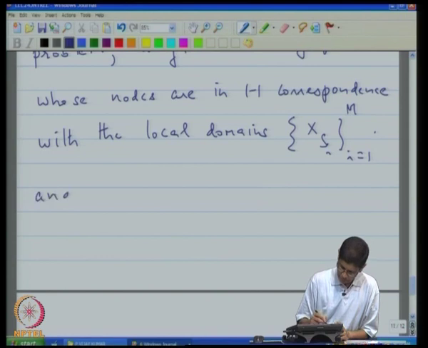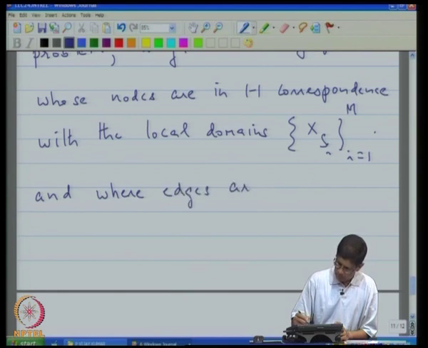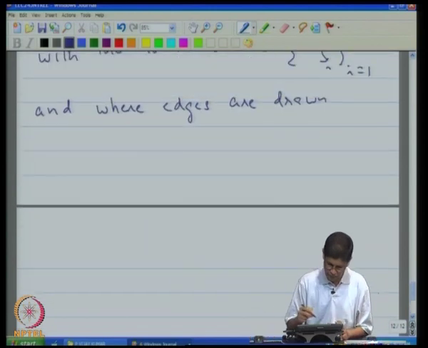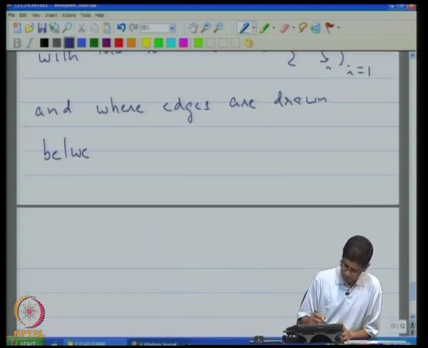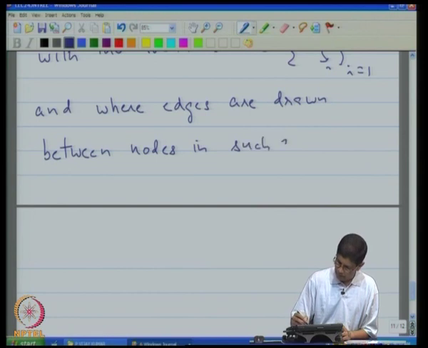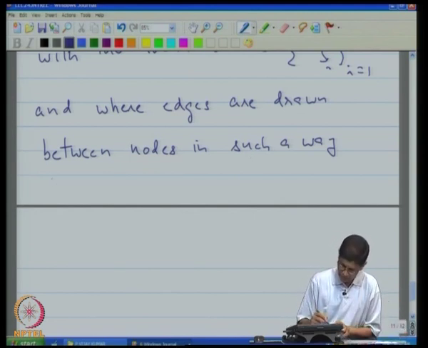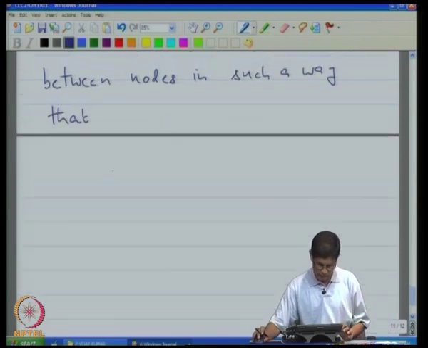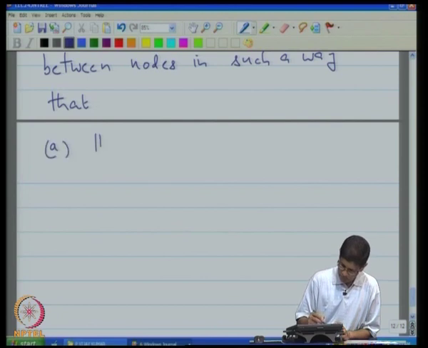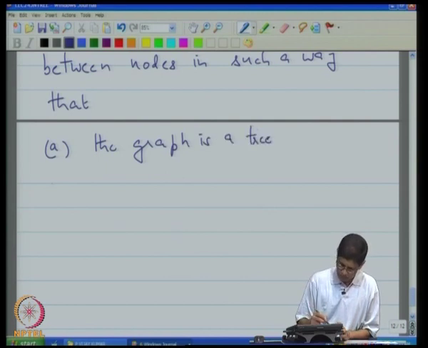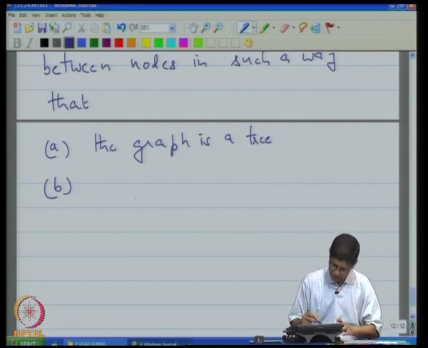And where edges are drawn between nodes in such a way that, 1, the graph is a tree, and 2, I will put on a picture.